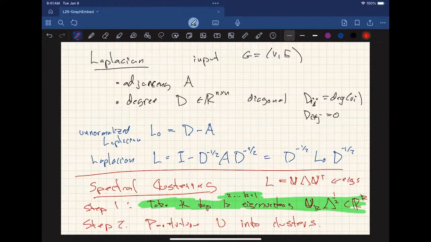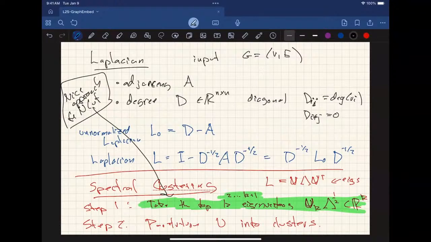Okay, so we'll say this is a nice approach for this normalized cut view of the world.